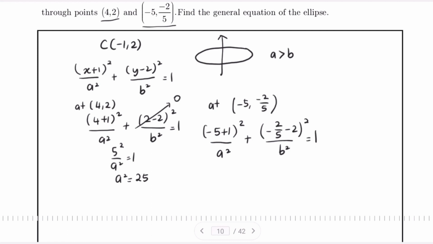We already know that A squared equals 25, so it's going to be negative 4 squared over 25. And this one, negative 2 over 5 minus 2, is negative 12 over 5, squared over B squared equals 1. When you solve this equation, you basically get B squared equals 16.